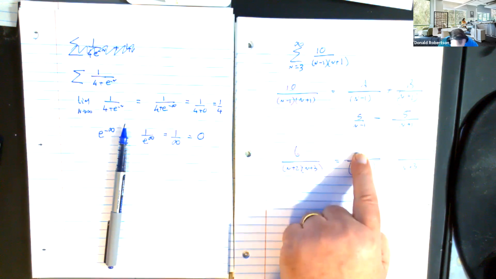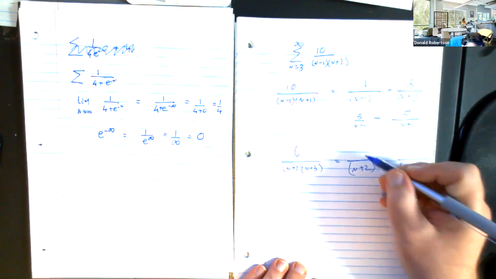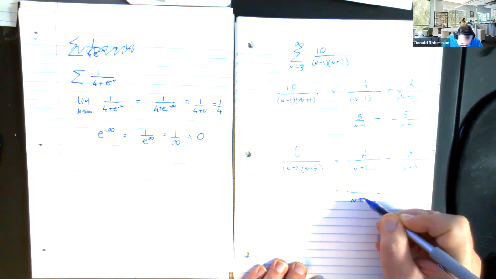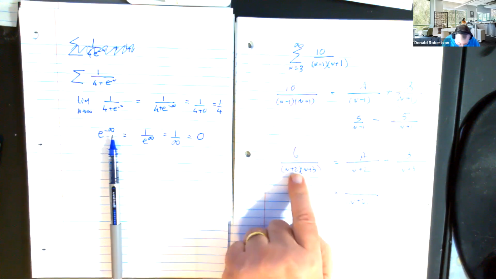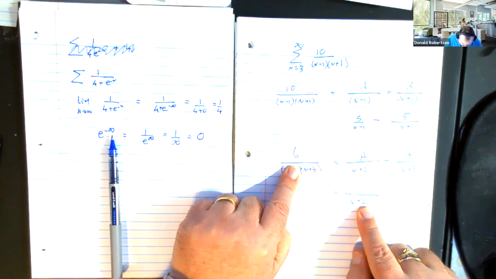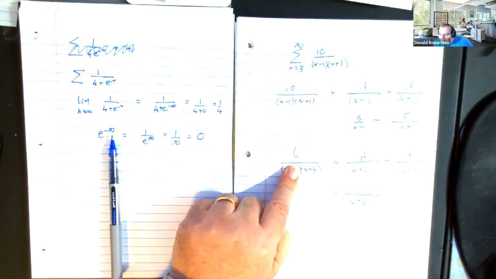N plus 2, right? I'll put the a and the b in to be consistent. Cover up n plus 2. What value of n makes n plus 2 0? -2.